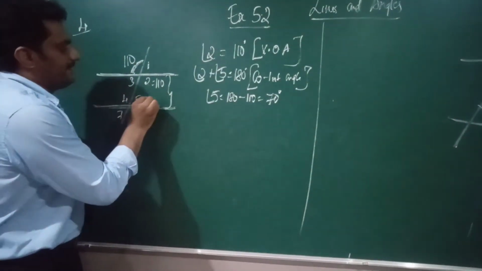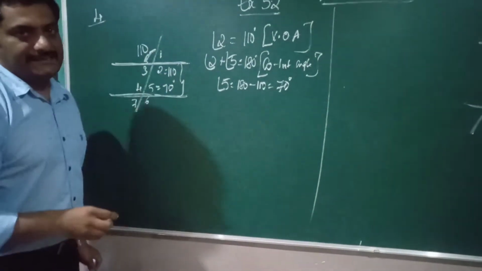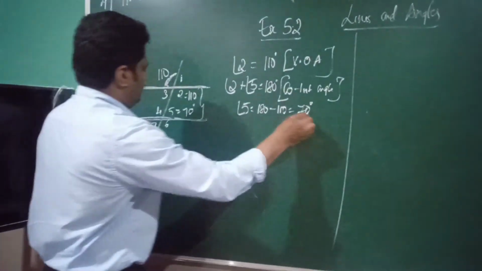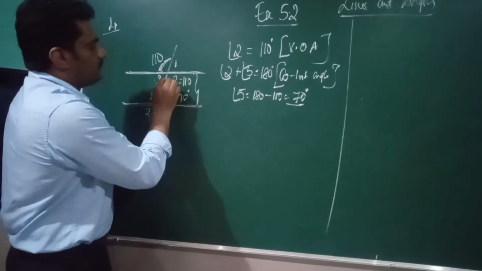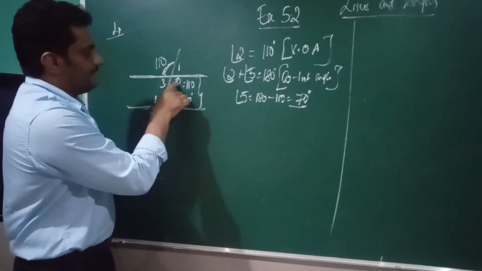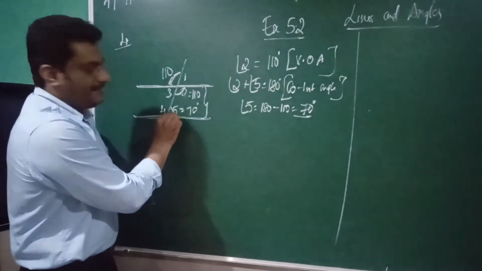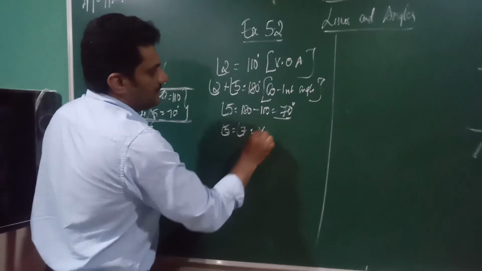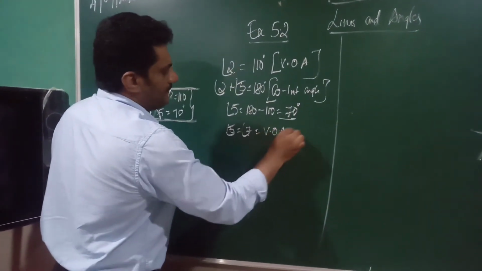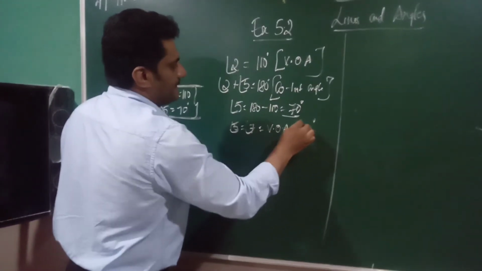So I got it here as 70 degrees. Now the next one, these two angles. I know this angle is 110 and this angle is 70 degrees. We can take vertically opposite: angle 5 is equal to angle 7. It is a vertically opposite angle, 70.